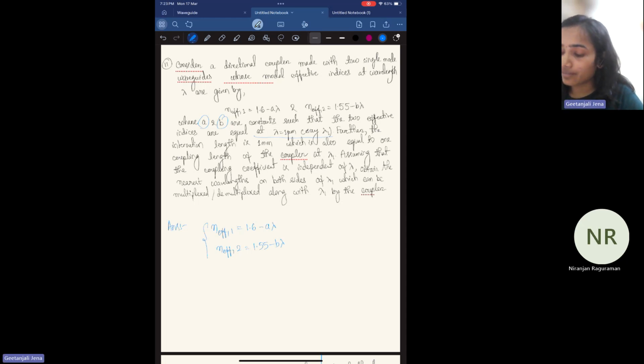So we have these refractive indices, and it is also given that n effective 1 is equal to n effective 2 at lambda equal to lambda 1, which is 1 micrometer. And the interaction length L is 1 mm, and this is equal to LC at lambda equal to lambda 1, which is 1 micrometer.